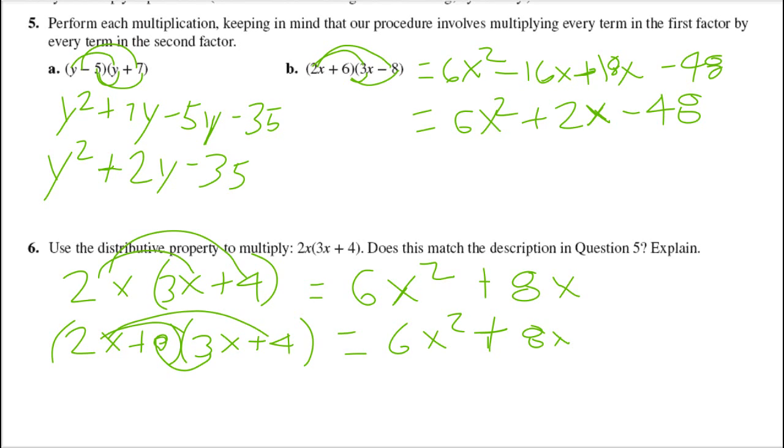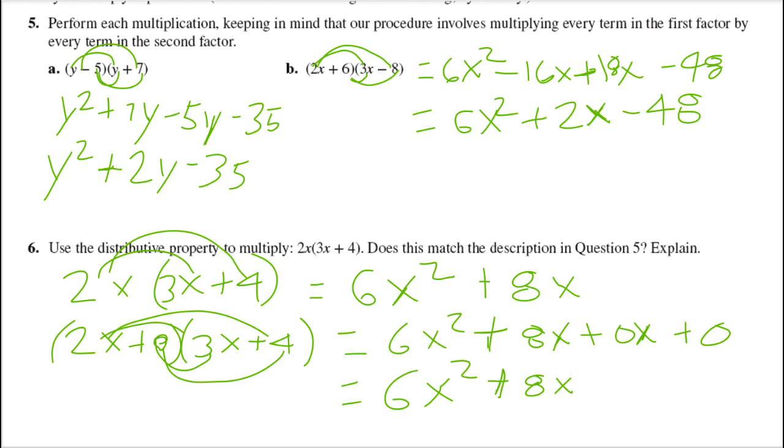Plus 0 times 3x. So plus 0x. Plus 0 times 4, plus 0. 0 times x is 0. I would end up with 6x squared plus 8x.